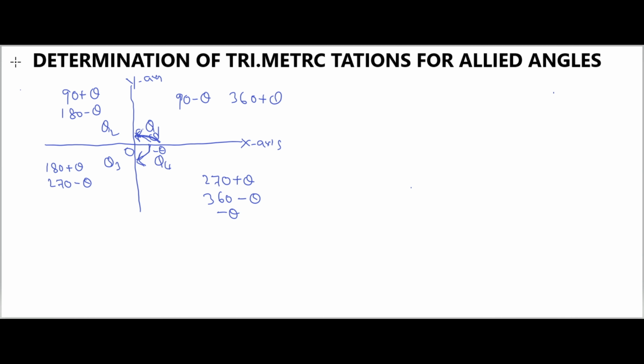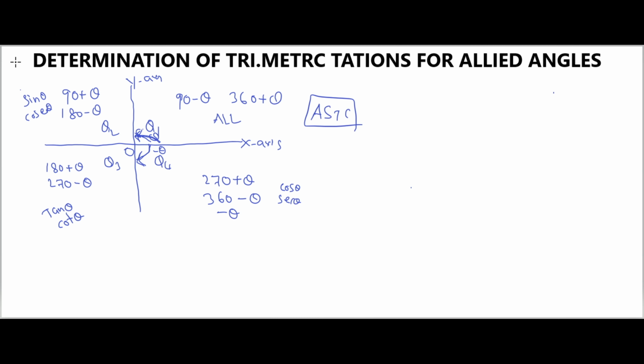In first quadrant all trigonometric ratios are positive. In second quadrant sin theta and cosec theta are positive. In third quadrant tan theta and cot theta are positive. In fourth quadrant cos theta and secant theta are positive. A S T C, that means A means all.